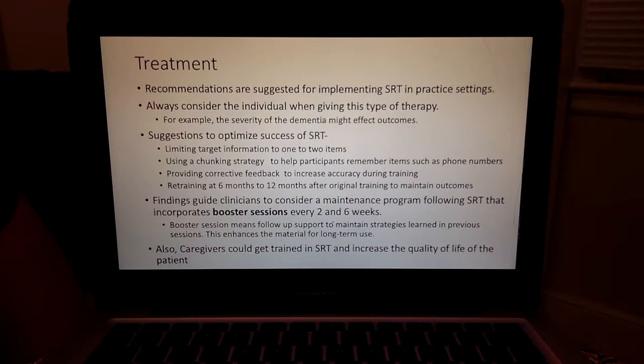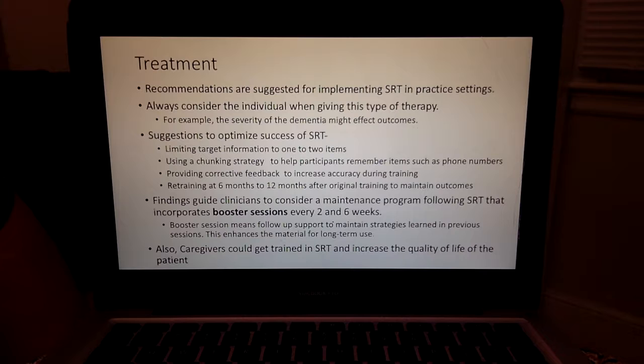We want to optimize success of this therapy by limiting target information, using chunking strategies, providing corrective feedback, and maintaining that information, for which we want to do booster sessions every 2 to 6 weeks. Booster sessions mean follow-up support to maintain these strategies.